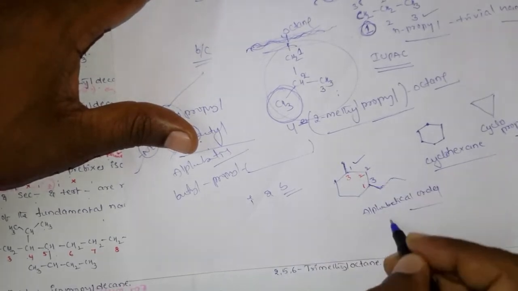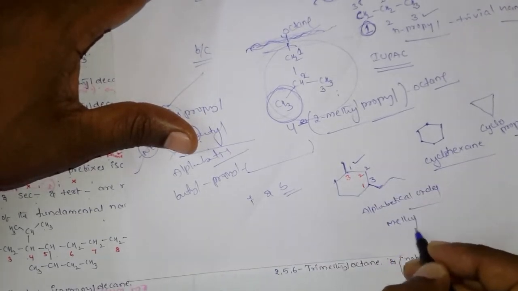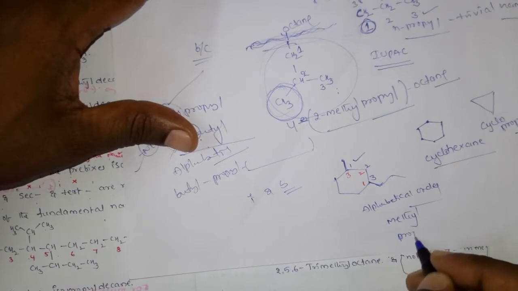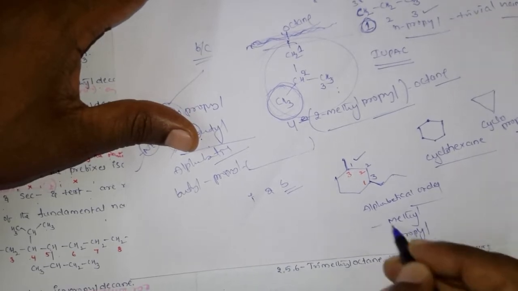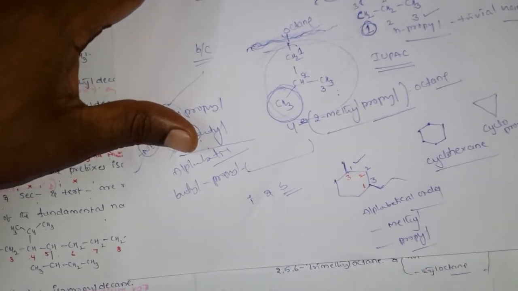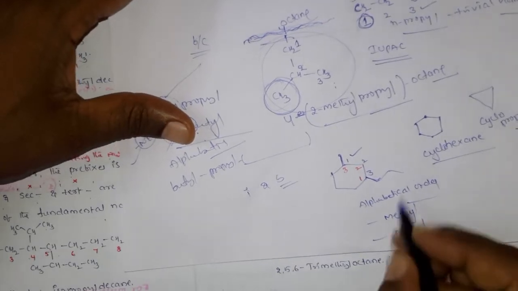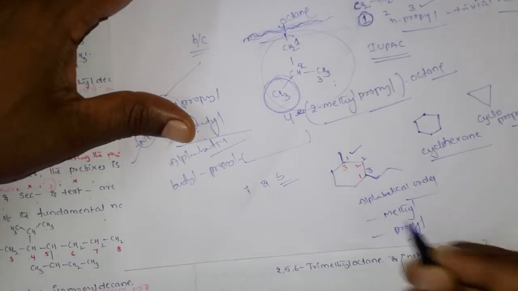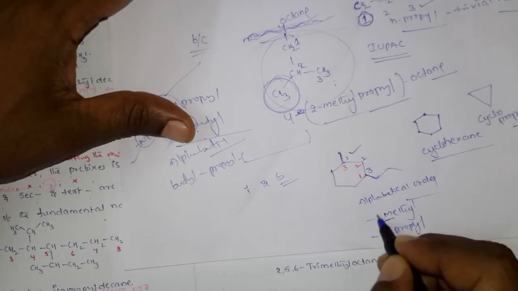Here one is a methyl, another one is a propyl. Which one is in the lowest alphabetical order? Which one comes first? Generally M will come first.